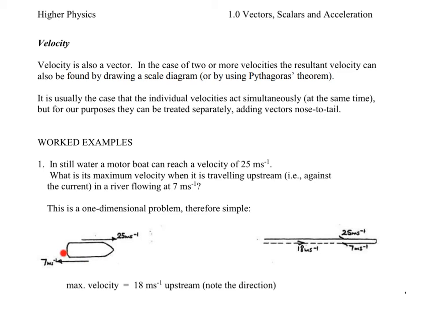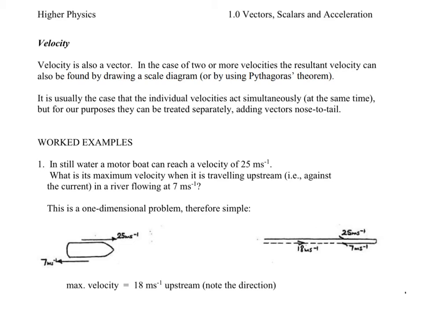We've got a boat which is travelling upstream in the river. Okay, so the river's flowing this way to the left, and the boat is trying to go upstream. So you've got a maximum velocity for the boat, which is 25 meters per second, but at the same time the river's obviously flowing in the opposite direction at 7 meters per second. Okay, the boat is trying to go upstream in the river.